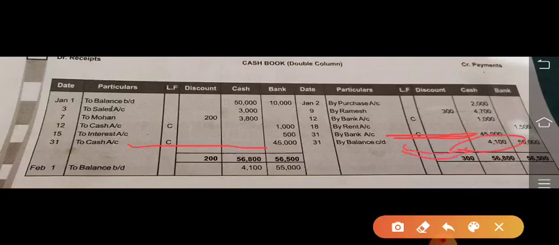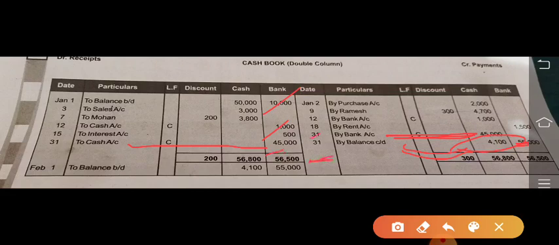Now moving towards the closure of bank account. Now bank account, just ignore this balance carried down. So you'll get to know 10,000 plus 1,000 plus 45,000 plus 500. So 45 plus 10, 55, 56,500 as you can see here.